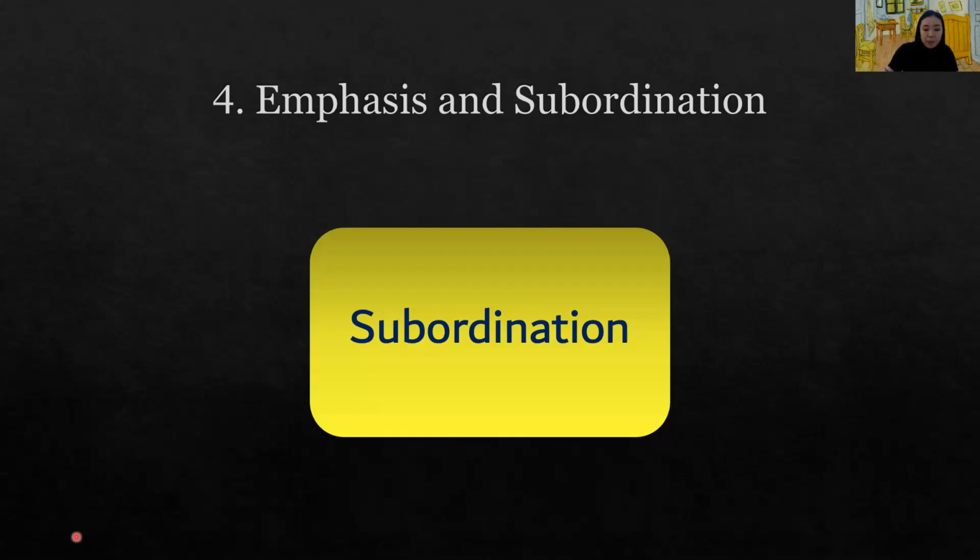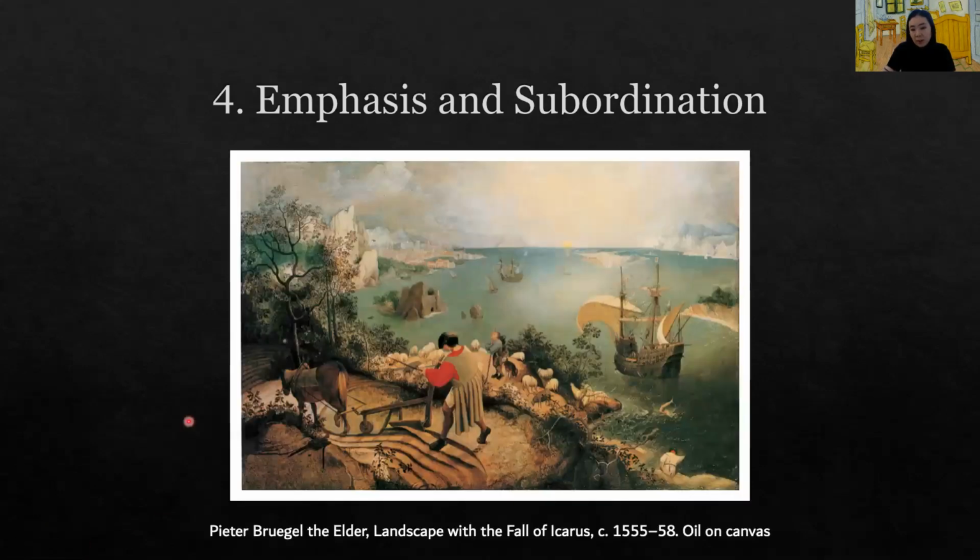So now let's find emphasis, focal point, and subordination in some works of art. So let's look at this painting. Can you guess which portion is going to be emphasis in this painting?